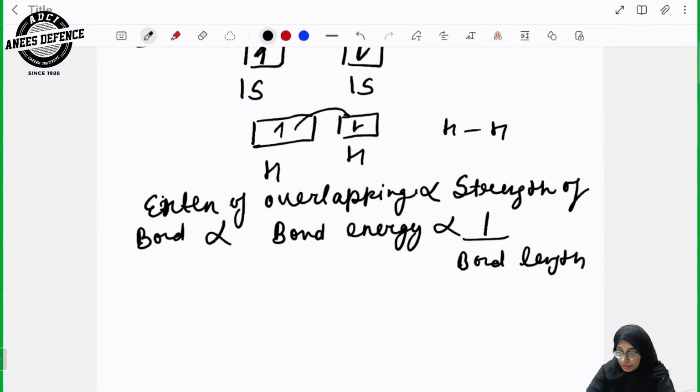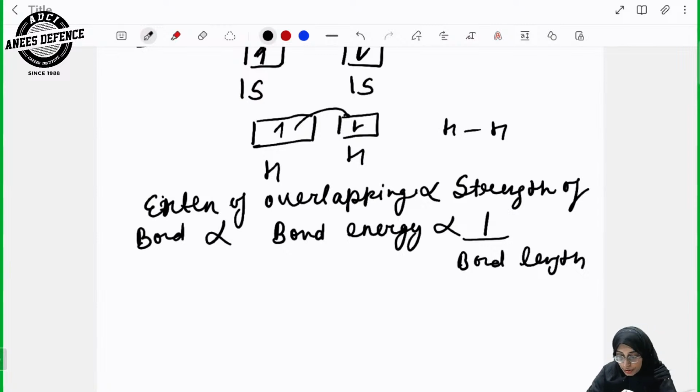What happens if there is more than one unpaired electron? If an atom possesses more than one unpaired electron, it can form more than one bond. So, a very important point I told you: only the half-filled orbitals participate in bonding.